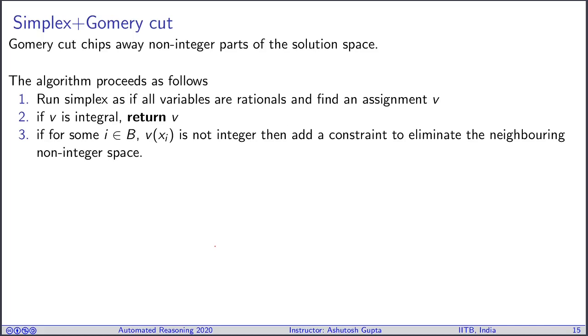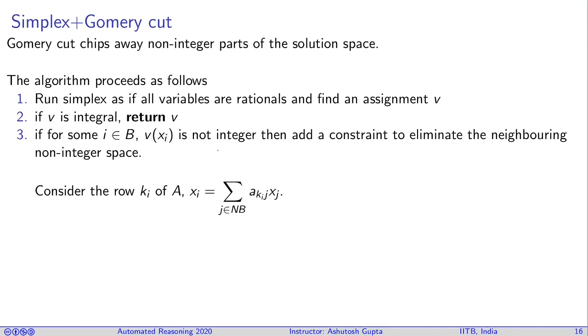Then add a constraint to eliminate the neighboring non-integer space around that point. Since all the bounds are integral, the non-basic variables will always get an integral value. However, the basic variables may get non-integral values because they are computed from the values of the non-basic variables.